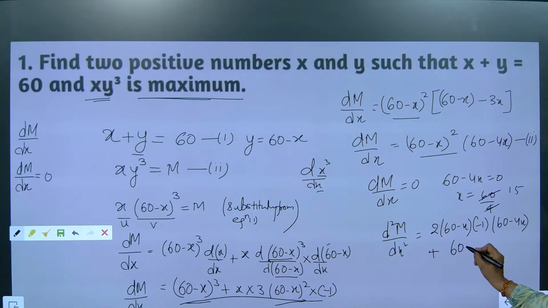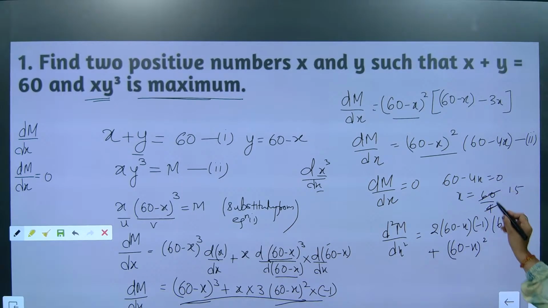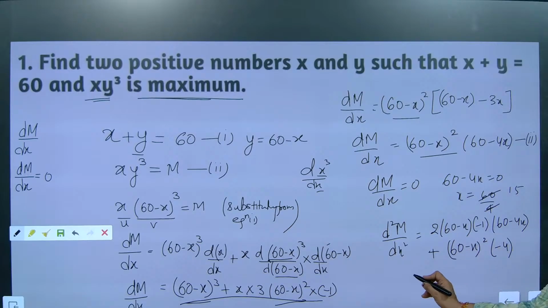Here 60 minus x whole square will be kept as it is, and this one will give minus 4. Done? Here again we take 60 minus x common. What is coming is minus 2 into 60 minus 4x, and here minus 4 into 60 minus x.